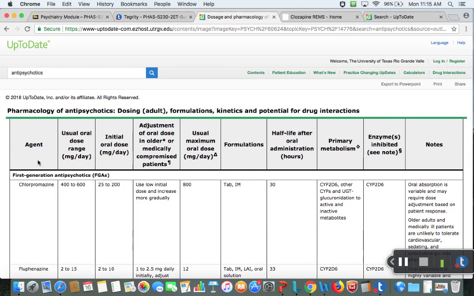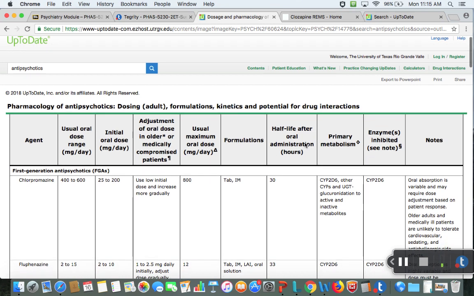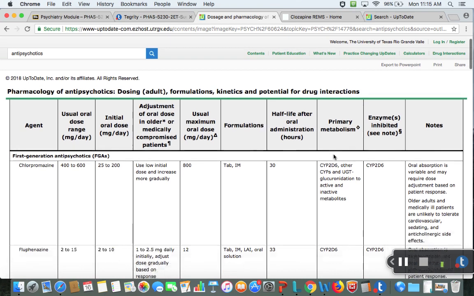So please make sure you are studying this. It has the first generation antipsychotics. It has the agent, which I, of course, want you guys to know. Dosages. You guys can just read through this. You don't have to worry about it. Formulations as well. You don't have to necessarily memorize the formulation that comes in. Half-life. You do not need to memorize. The metabolism.